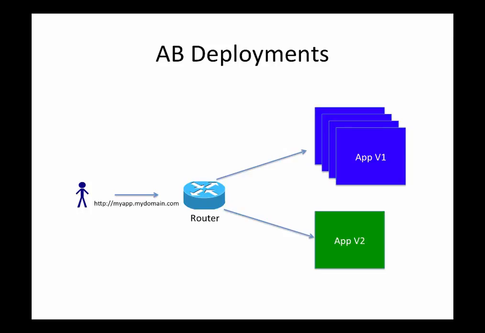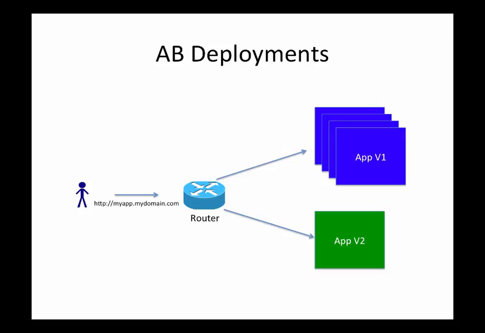Let's say you had 4 instances of application version 1 running, you introduce just one instance of application version 2 here, right? And you will configure your router to direct some of the traffic to application version 2.